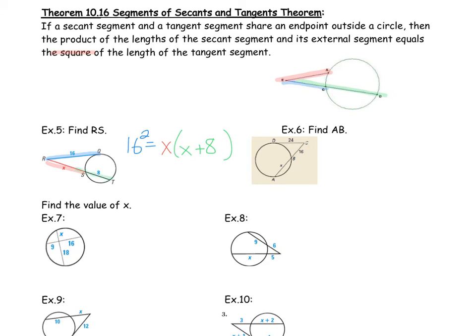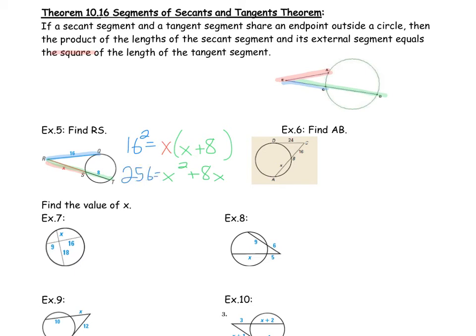Let me highlight that. Okay. So now we do need to distribute on the right-hand side. So x times x plus 8 would give us x squared plus 8x. On the other side, we have 16 squared, which will give us 256.